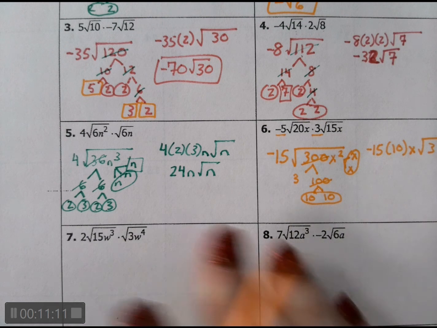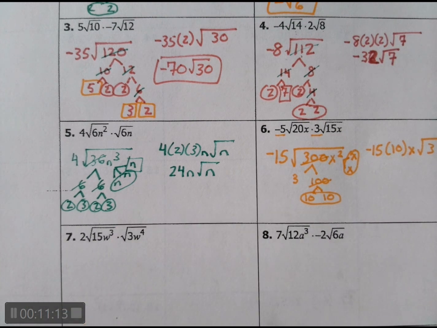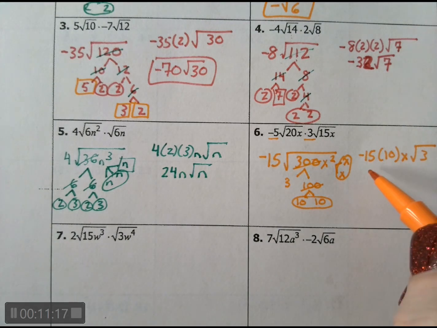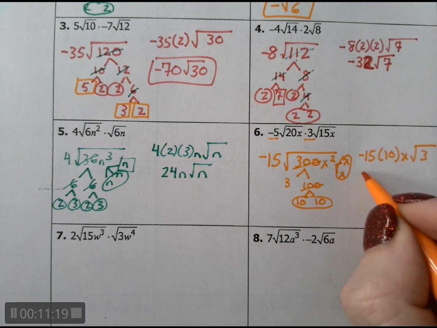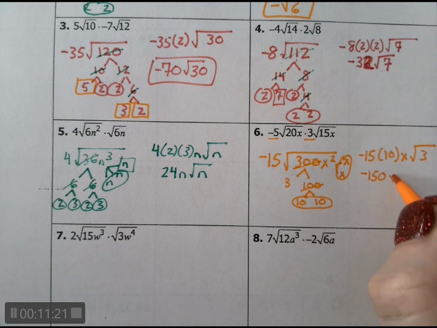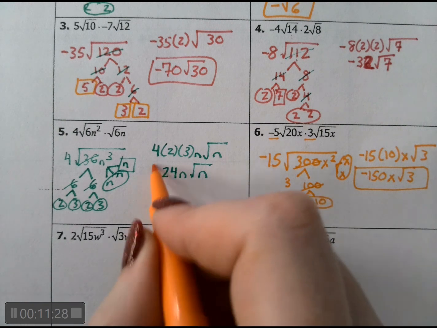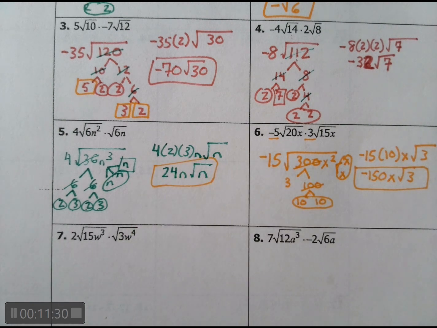So now, just got to simplify a little bit more. -15 times 10 will give us -150x square root 3. And that's your answer. Oops, sorry, forgot to box the previous one. Alright, you try 7 and 8, and when you're ready, I'll go on to 9 with you.